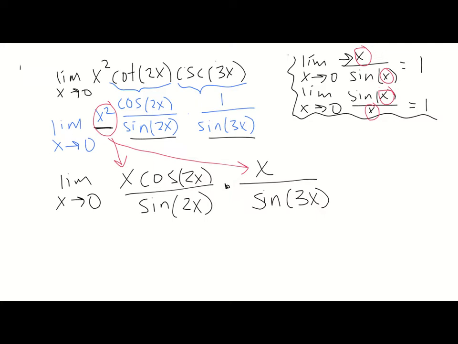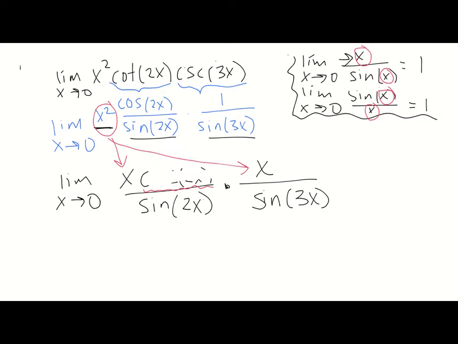And now, if we look at this argument of the sine, well, first, we don't really care about what's happening with the cosine as x goes to 0, because that's just going to be cos of 0, which is 1. So we're not really worried about that. So I'm actually going to move that.